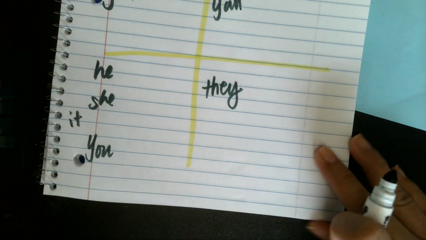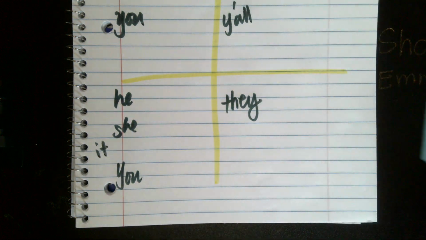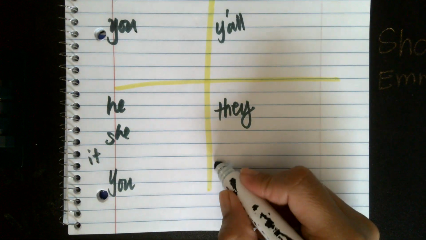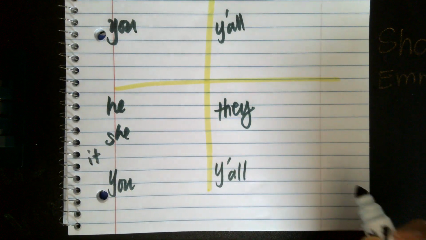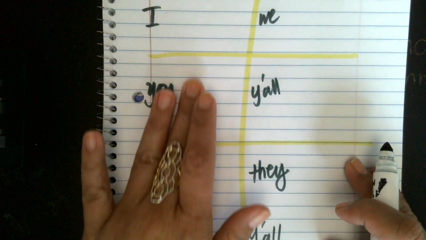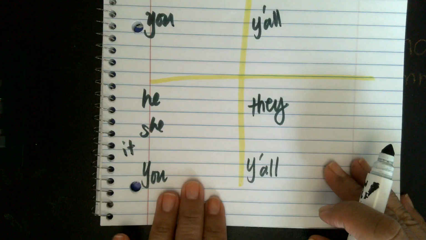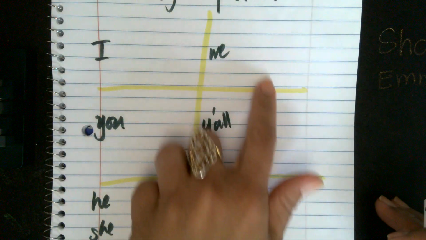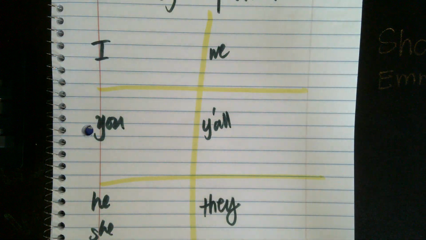And then because we do have that you right here, I'm going to go ahead and use y'all in this area also. Okay. All right. So we have also singular subject pronouns here. We all have plural pronouns that are right here.